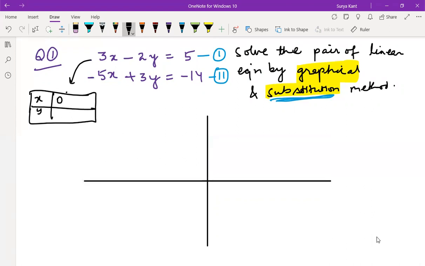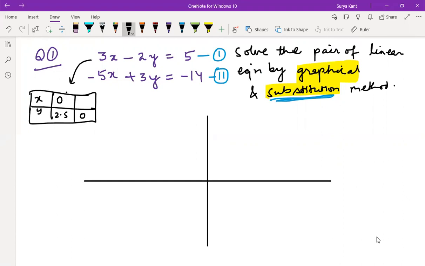If you put x equal to 0, what do you get as the value of y? 2.5, right, children? Yes, sir. And if you put y equal to 0, then you will get x equal to 5 by 3. Sir, that is 1.6. 1.6 you will get.